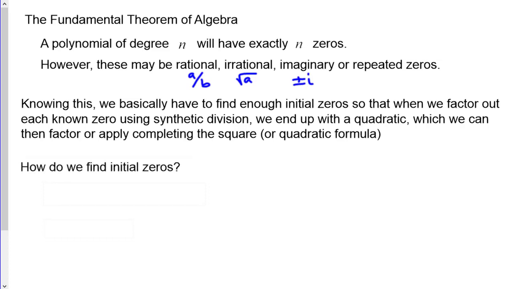So how do we find initial zeros? One way is through the rational zeros theorem. Another way is through the calculator. We're mostly going to use, well actually we're exclusively going to use the calculator to help get initial zeros. But I'm going to go through the rational zeros theorem so that you know how it works, and in case you need to use it at some point.